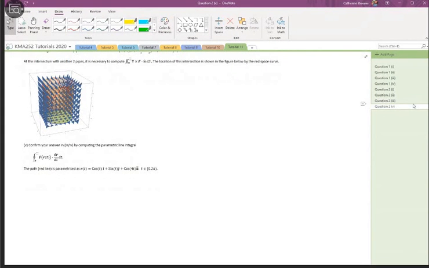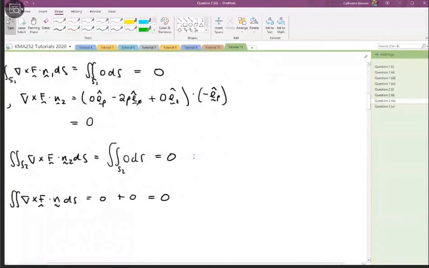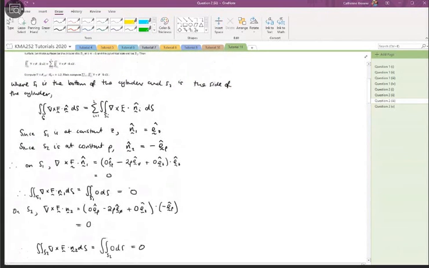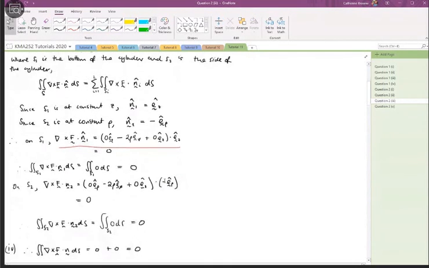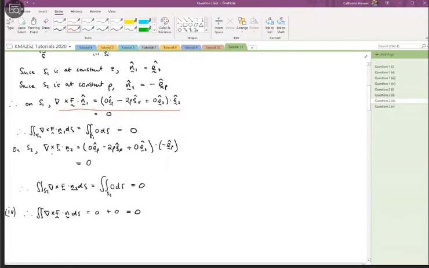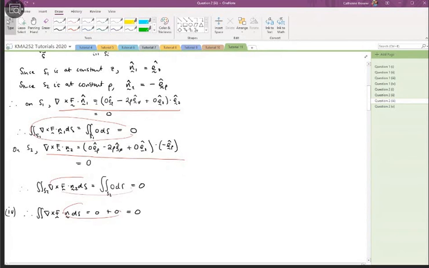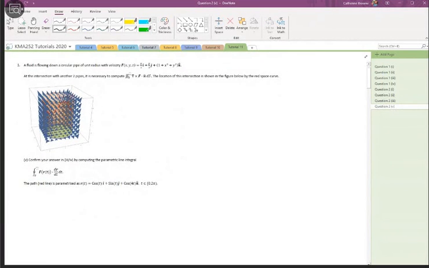Actually, I think part 3 was, you should read the questions properly. Part 3 was asking you to compute just this part and this part, and then part 4 was doing the two integrals and summing them.